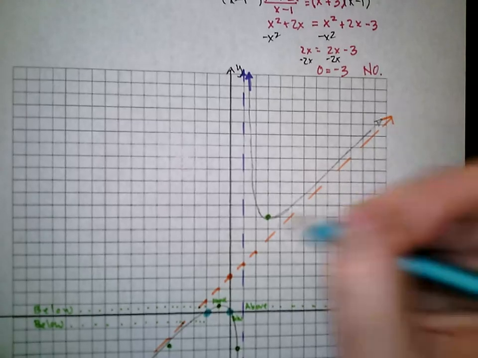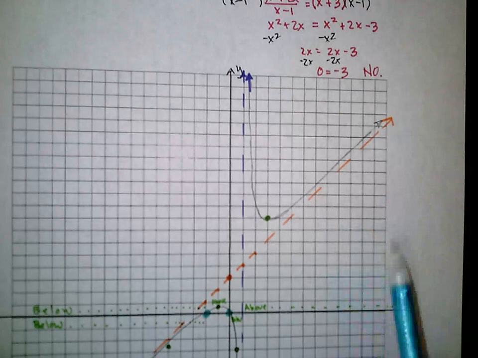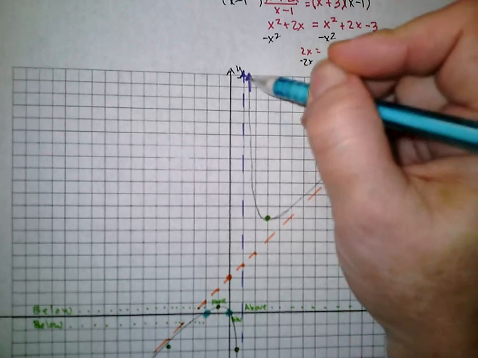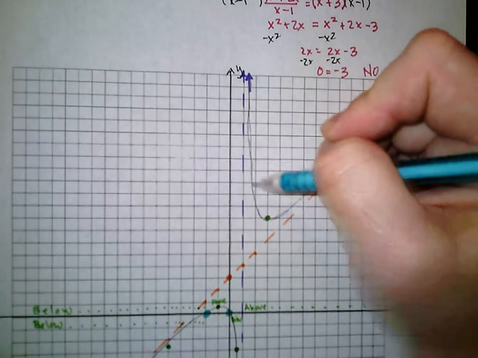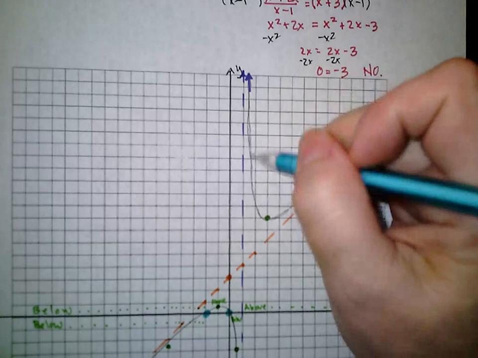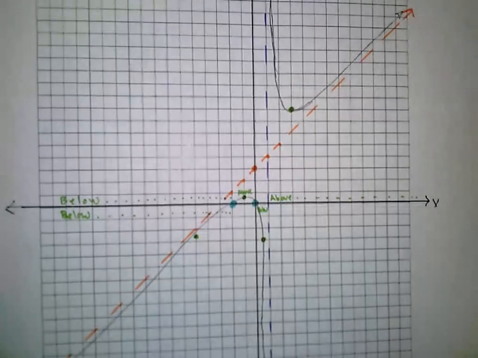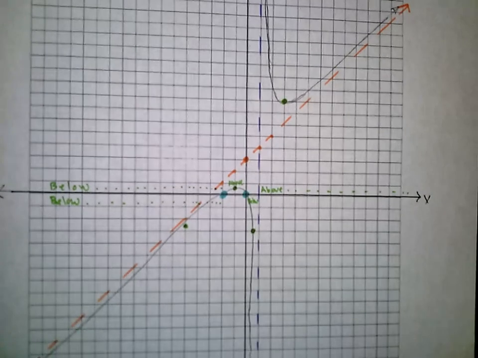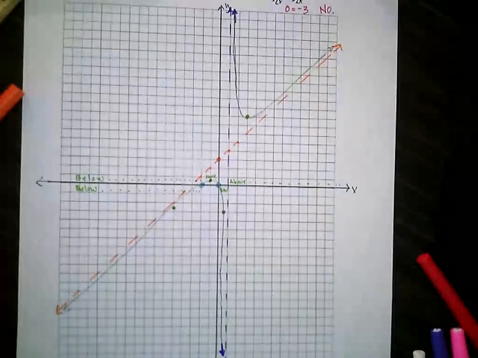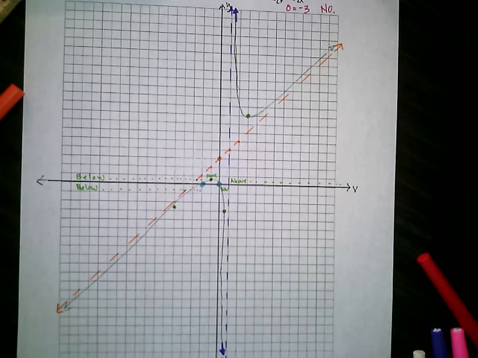If you would like to, you can add some extra ordered pairs by doing an XY chart, like we did with our sign chart, just picking different x values to get more ordered pairs. But for what we're doing, this is accurate enough. I just need to see all of those ordered pairs and all of those features of the graph that we went through in our list.